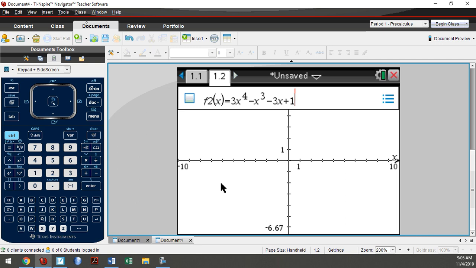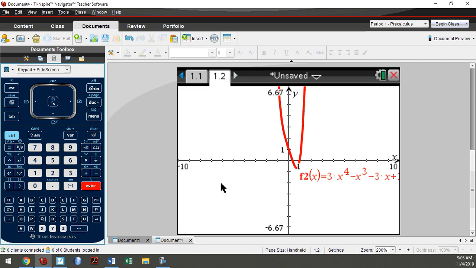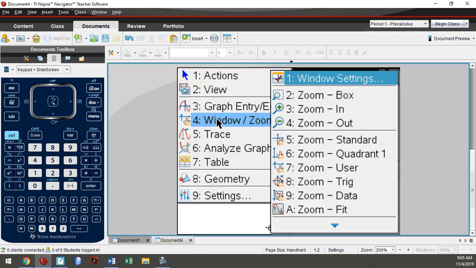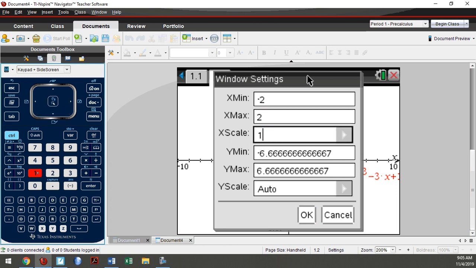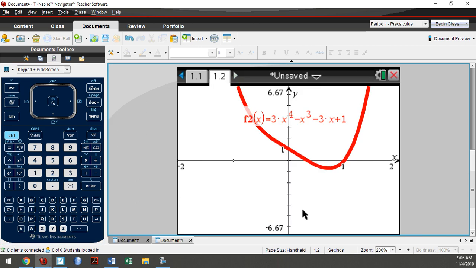So if I hit enter, this is what I have. My viewing window needs to be from -2 to +2. I'm going to zoom in so that you can see that window to make things just a little bit easier. -2 to +2, and I'm going to go by units of 1. Again, I don't care about the y max and min, and I hit OK.